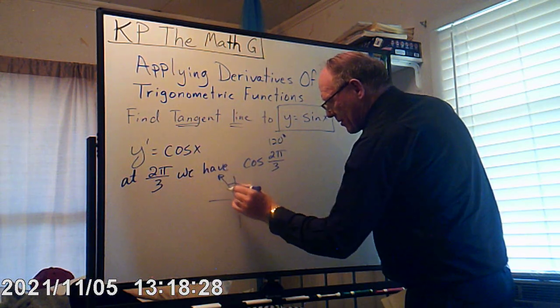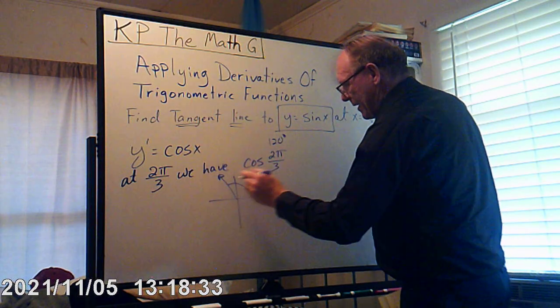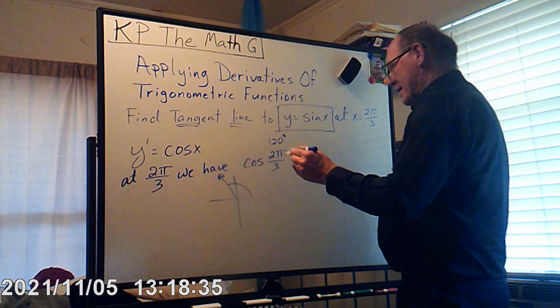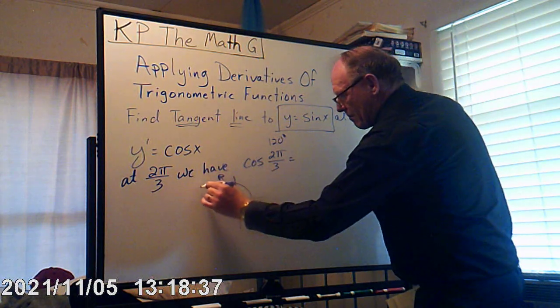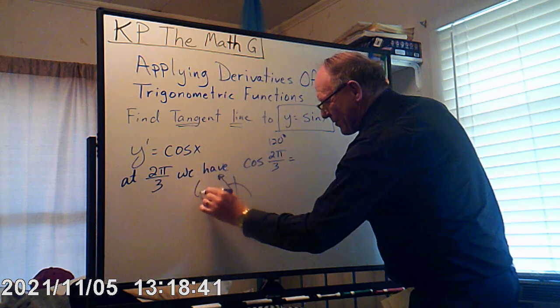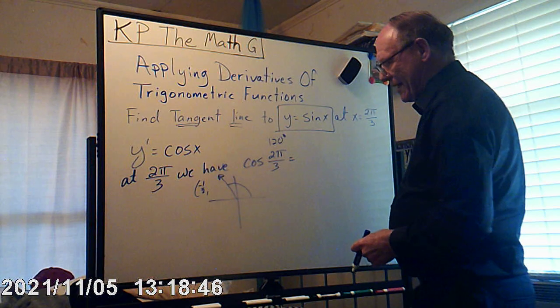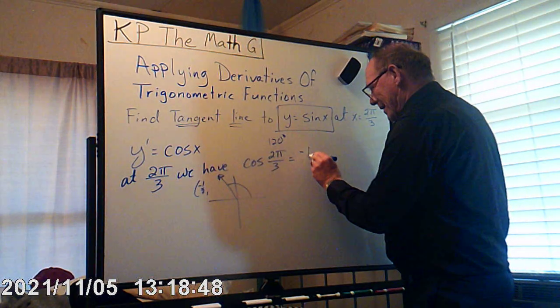And 2 pi over 3 is in quad 2, where the x value is negative, so the x value for cosine is negative 1/2.